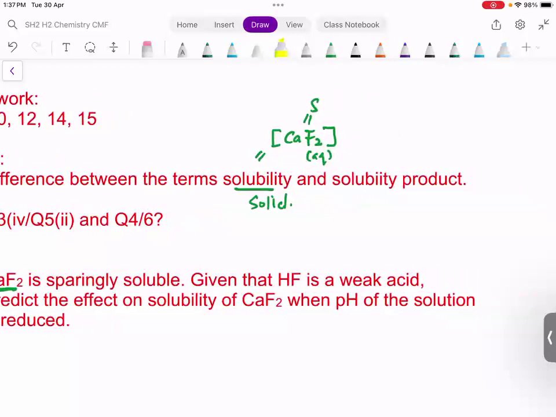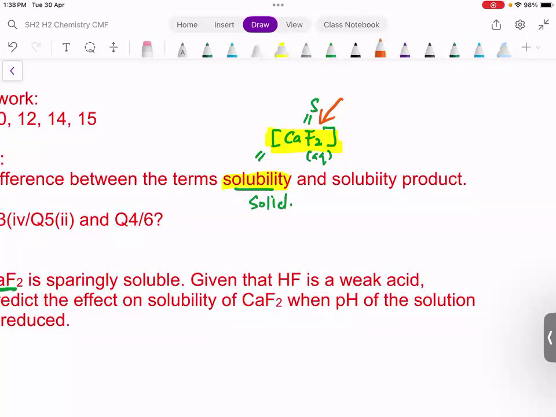Please take note, sometimes in A-level questions, instead of using the term solubility, they use this instead. So you must understand that when the A-level question asks for concentration of the whole compound of a sparingly soluble salt, we are referring to solubility. I repeat myself. Sometimes A-level don't use the term solubility.